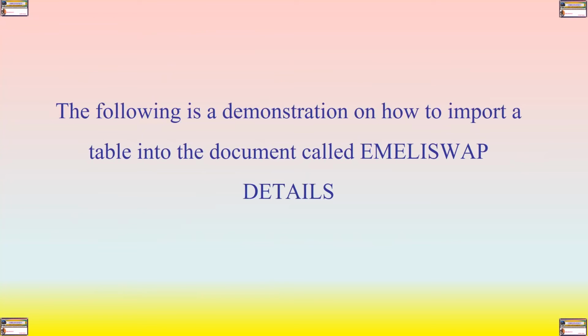So here is a demonstration of how we can import a table into a document called MLSwap details. I don't have a table in place already, but this is the procedure that you can follow.